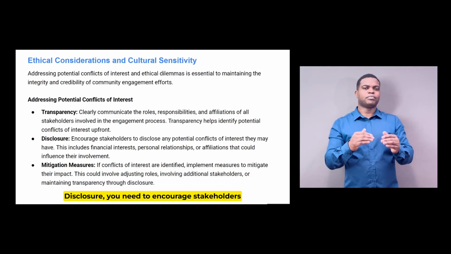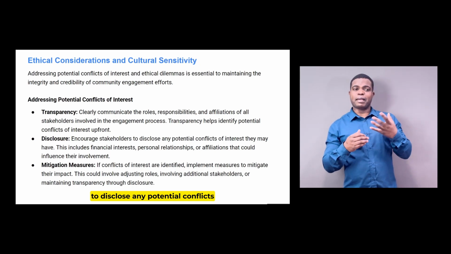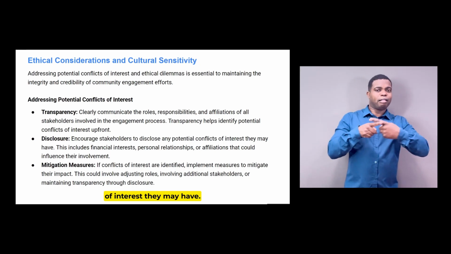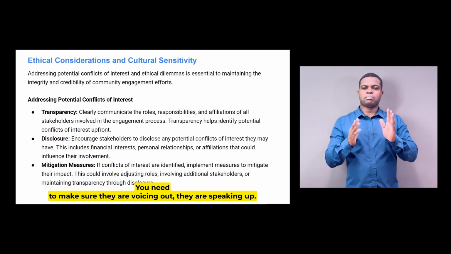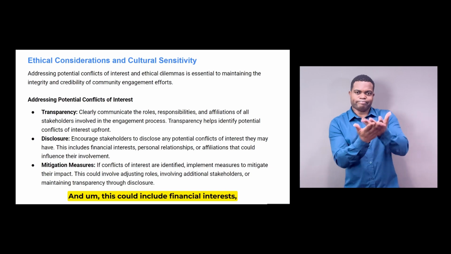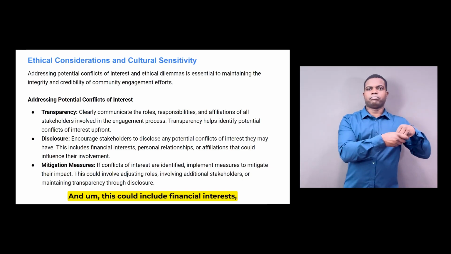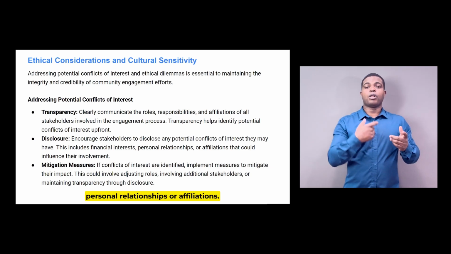Disclosure. You need to encourage stakeholders to disclose any potential conflicts of interest they may have. You need to make sure they are voicing out, they are speaking up, and this could include financial interests, personal relationships, or affiliations.